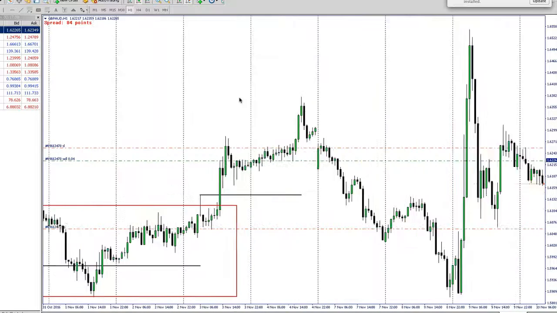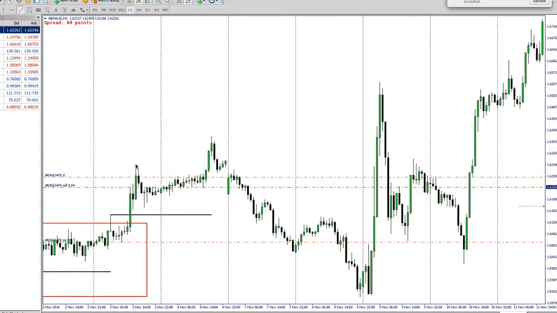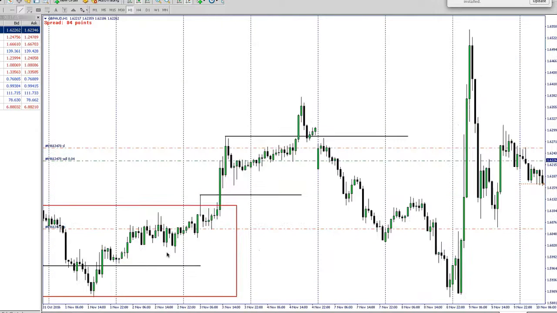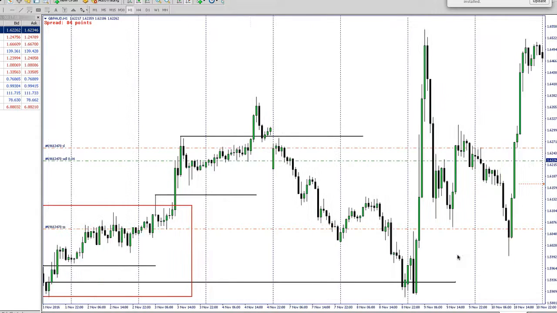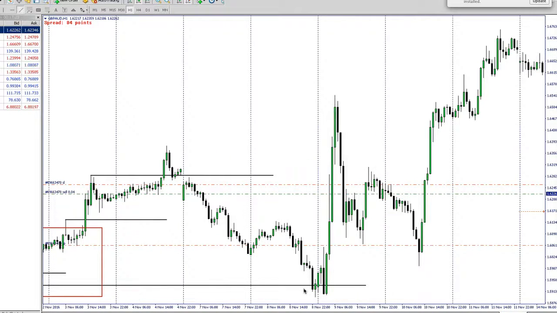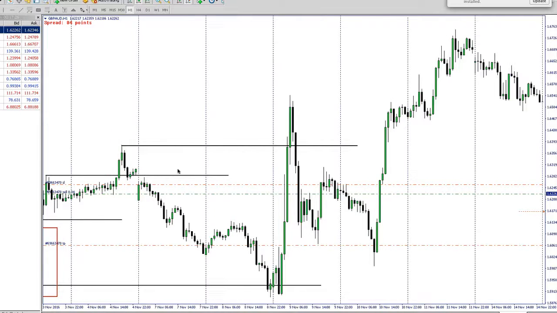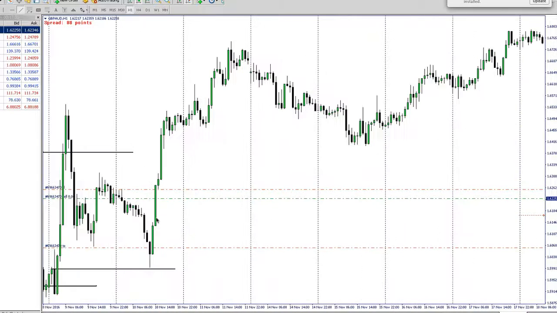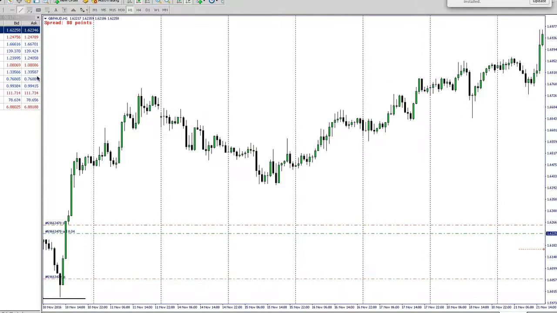Then it trends up, and then it turtle soups, and then it trends down into an order block, and then rallies up. Wow, that's a crazy move. And then it turtle soups and sells down, order block, and then into a range.